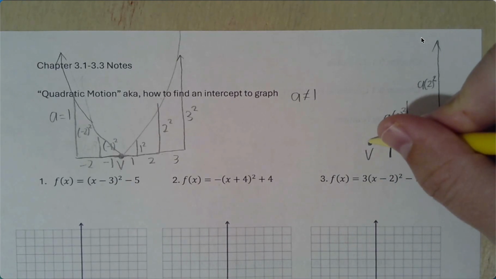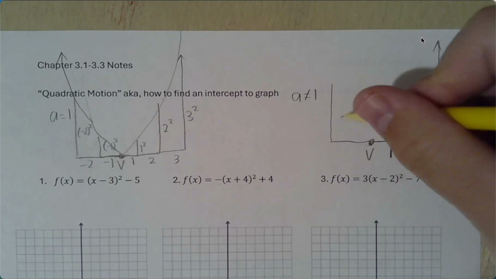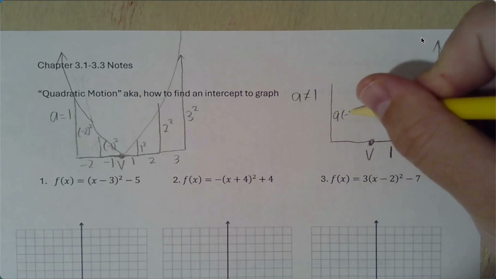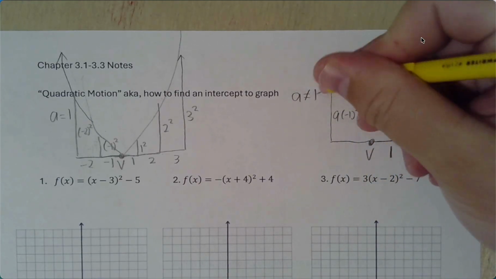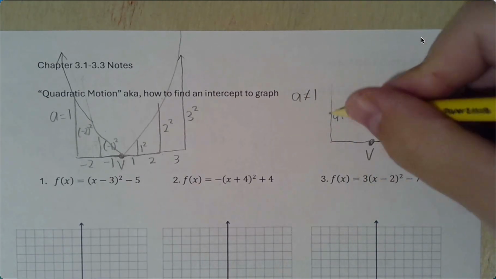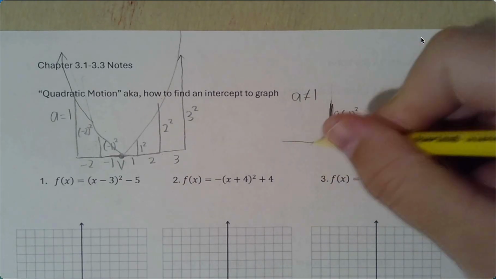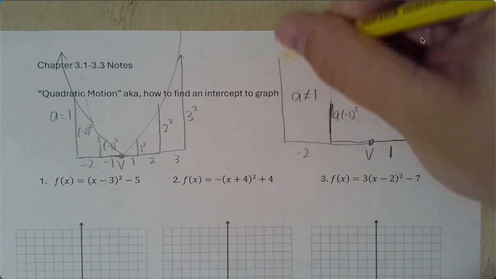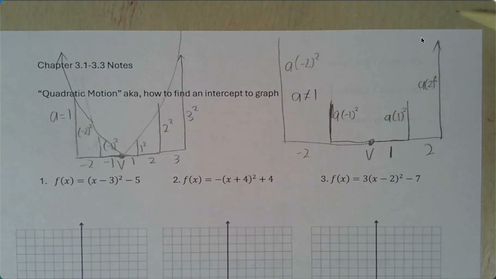So same thing over here. This would be a times -1 squared, which would still just be the same result here. So it's the same result. That's why it has an axis of symmetry. And from there, again, if you go left 2, then you just multiplied a times -2 squared, which is the same as over here.